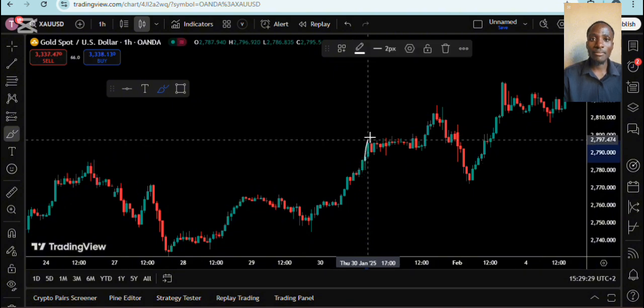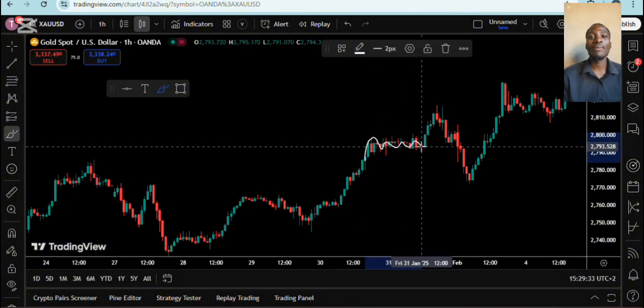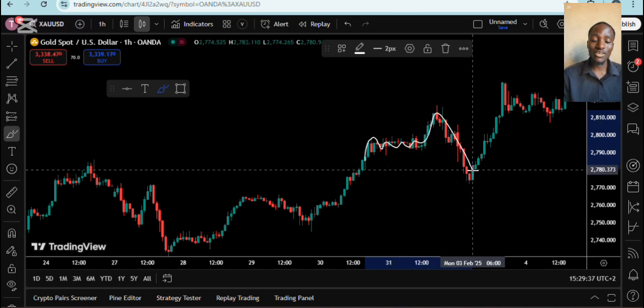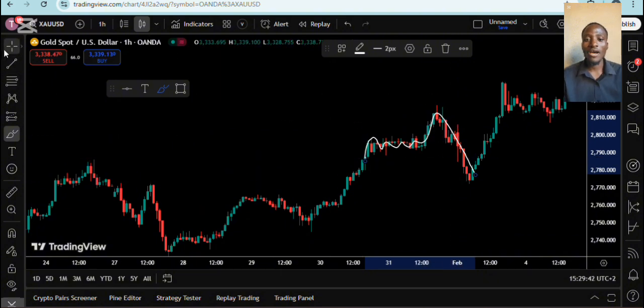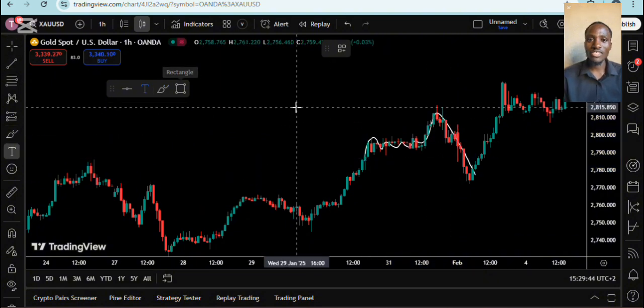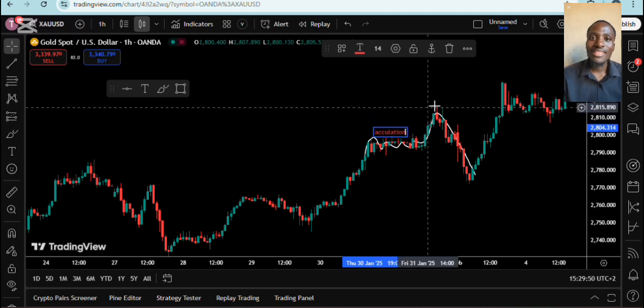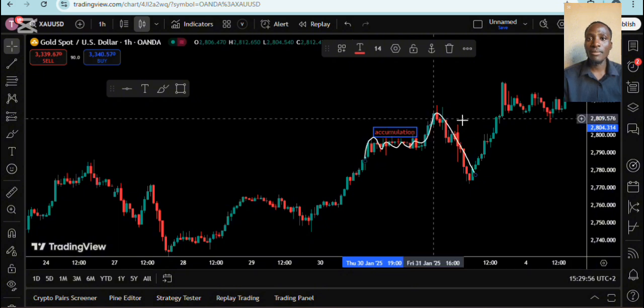Like this is the manipulation part. Price will be accumulating, then manipulation, then distribution, right? You can clearly see the accumulation, manipulation, and distribution phases in this diagram. So let me go right and label. That is the ranging part, the accumulation, and the next phase after accumulation is manipulation.